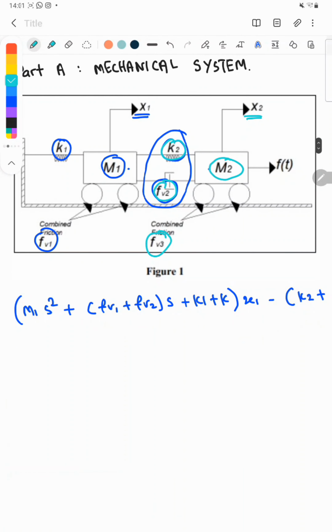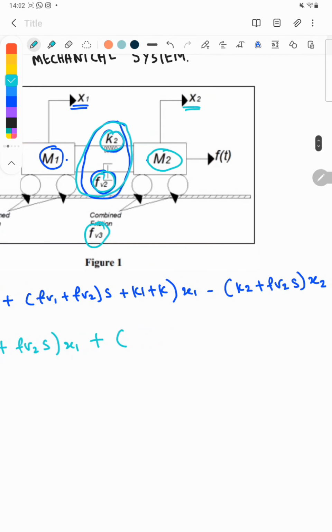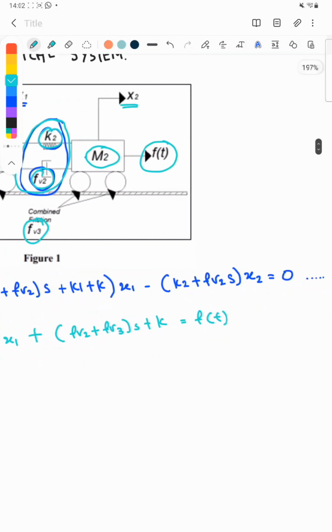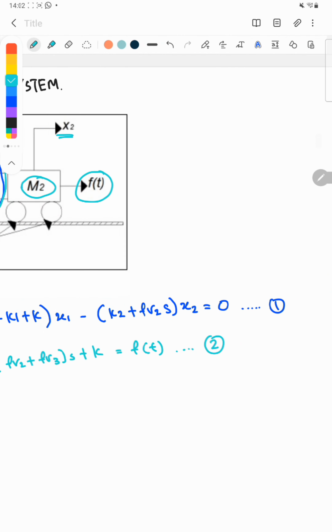So first, the connections between M2 and M1 are K2 and FV2. So let's start with this, and this will be our second equation.